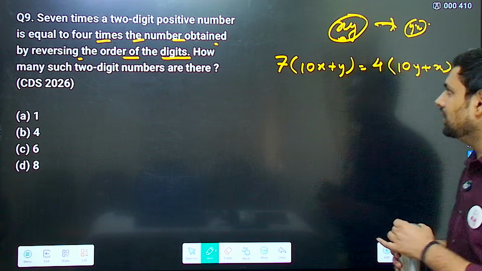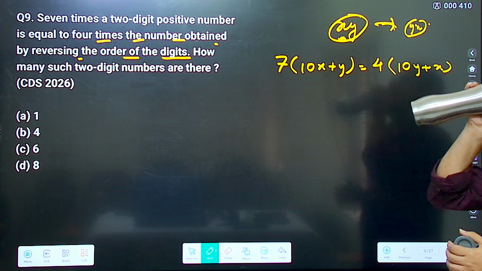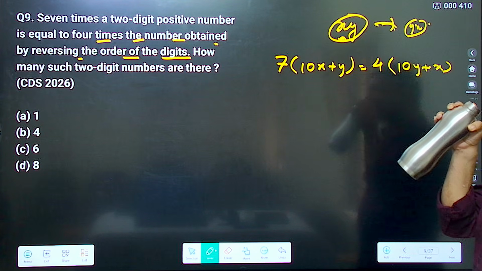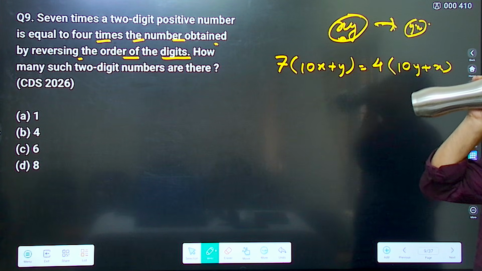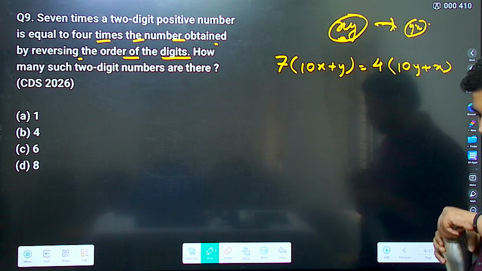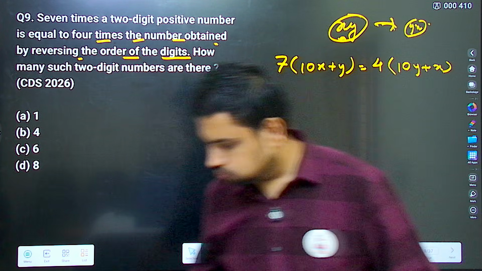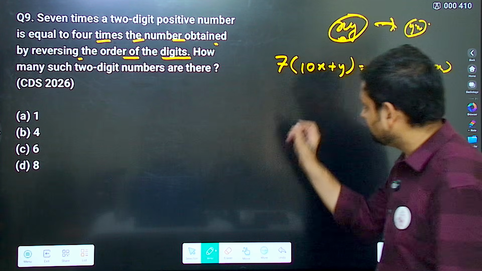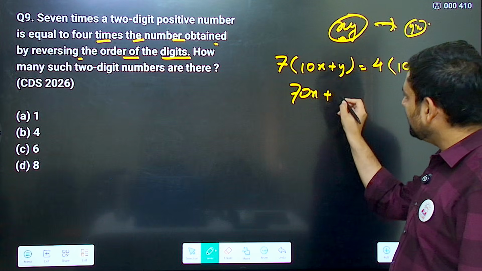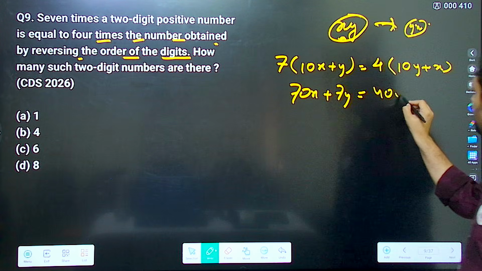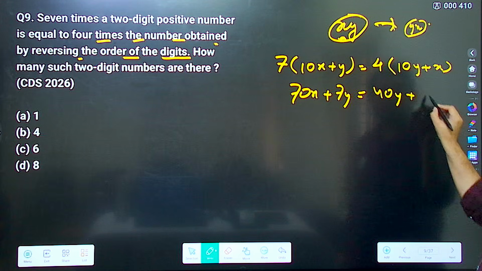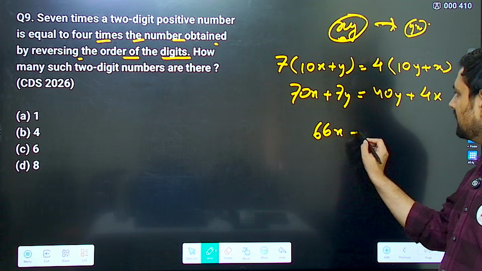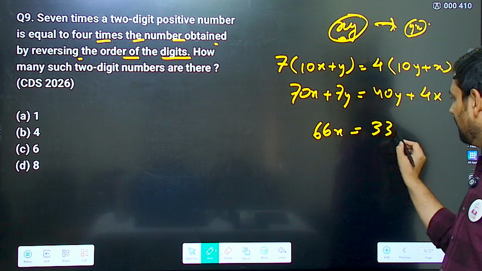So let's solve this. This comes out to be 70x plus 7y equals 40y plus 4x. Now 70x minus 4x is 66x, 40y minus 7y is 33y.